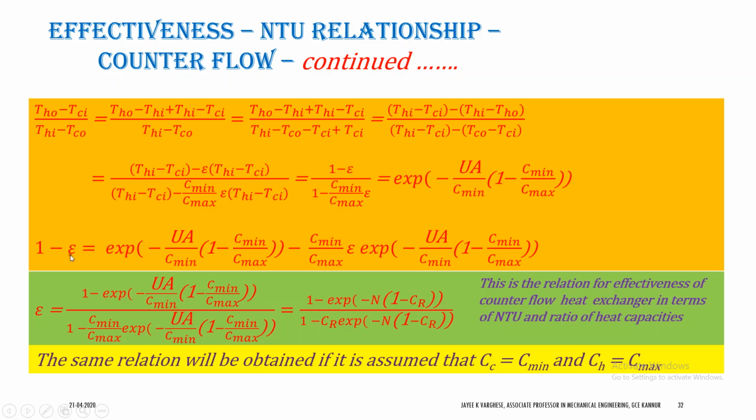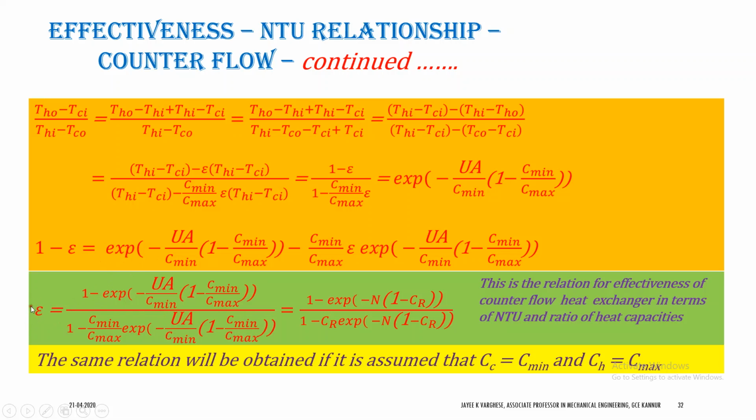So now there is one term on the left side and one term on the right side that has epsilon in it. So writing the terms containing epsilon together, we'll take this minus epsilon to the right side and at the same time this term onto the left side. So epsilon into 1 minus Cmin by Cmax, epsilon into 1 minus Cmin by Cmax e to the power of minus UA by Cmin is equal to this term.